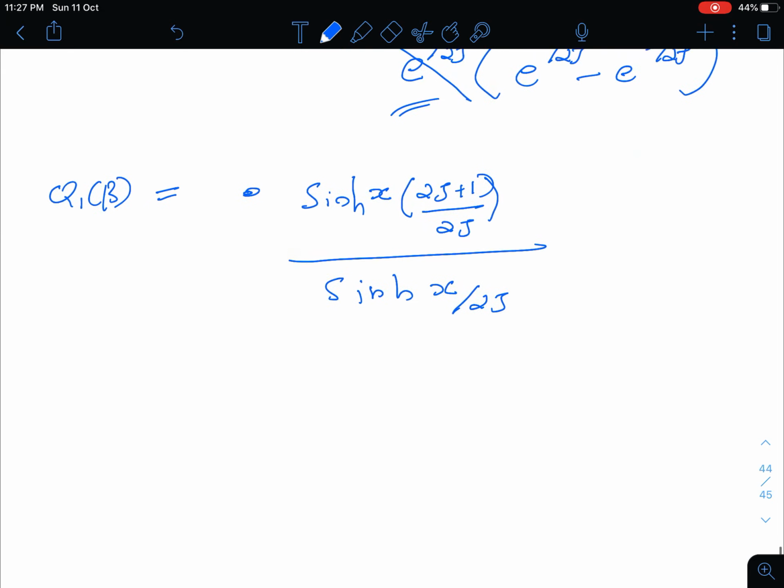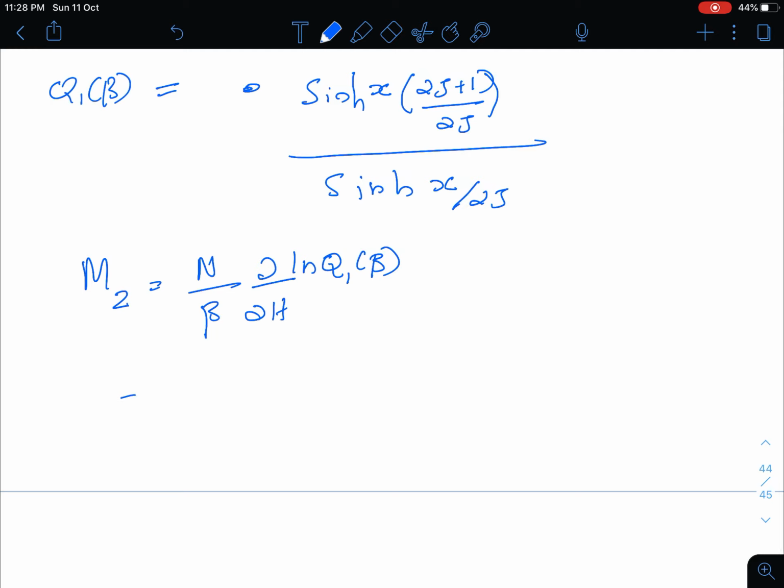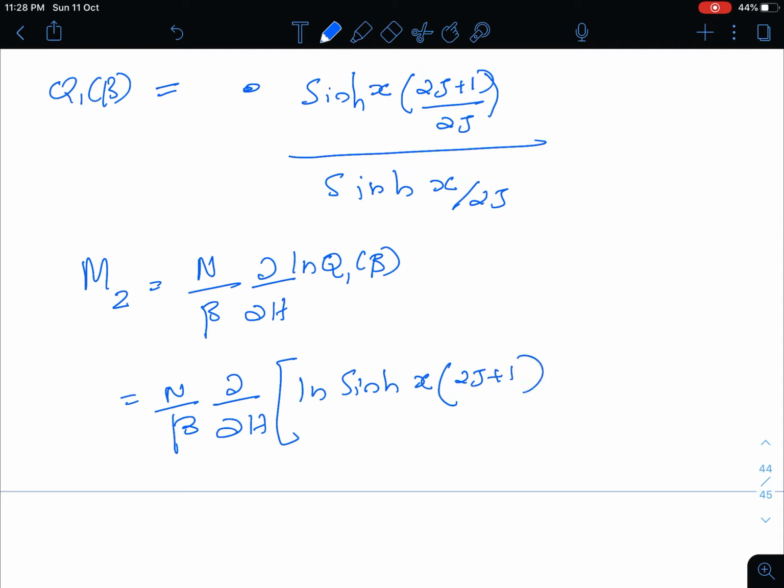Now what is Mz? Magnetization in the z direction is simply, as we have studied earlier, N by beta, dou by dou h of ln Q1 of beta. So let us put that: N by beta dou by dou h of ln sinh of (2j plus 1)x by 2j minus ln sinh of x by 2j.